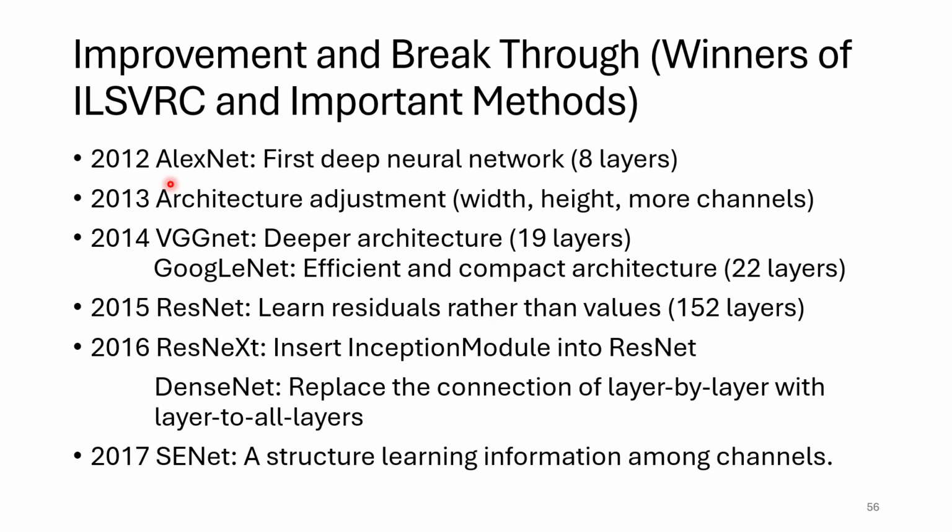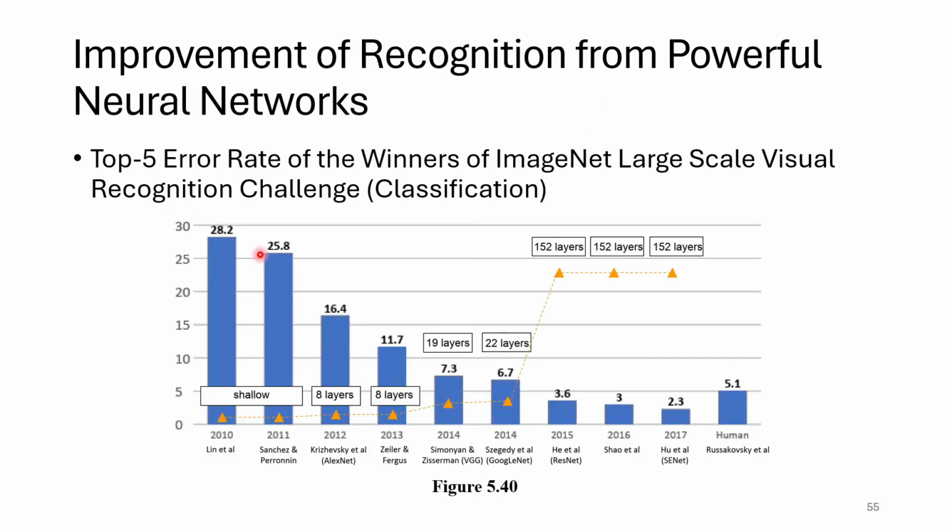However, AlexNet is larger and capable of handling large images. The MNIST image is only 28 by 28 pixels, but in AlexNet, the image size is 224 by 224 by 3 channels.